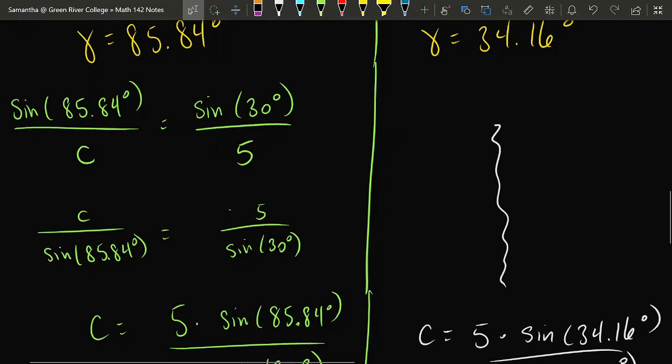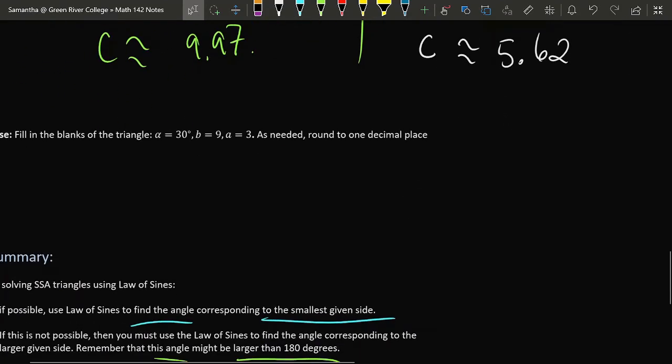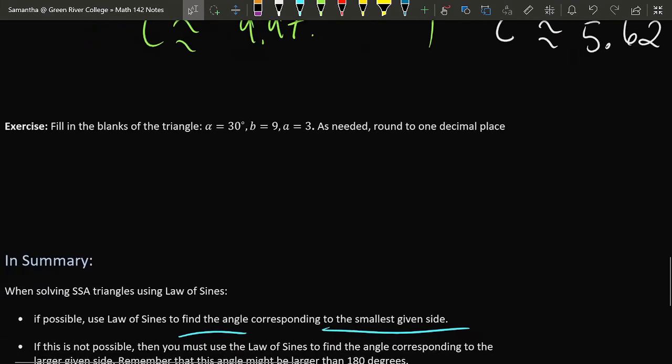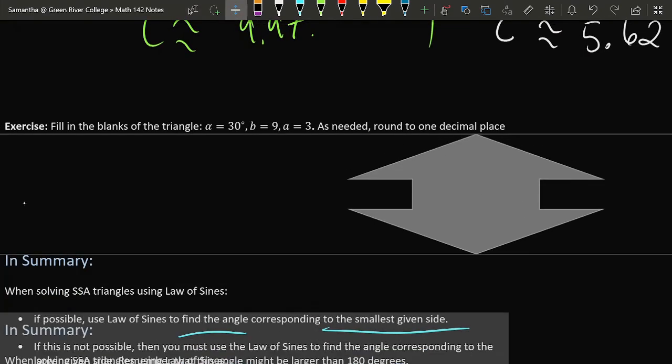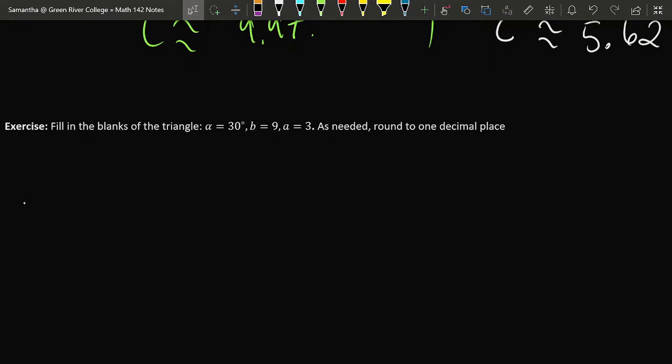Just to give you an example of a situation where the data that you were given corresponds to a triangle that cannot exist, let's consider the following situation. Here we have alpha equals 30 and b equals 9, but this time a is much smaller even than before. A is equal to 3.